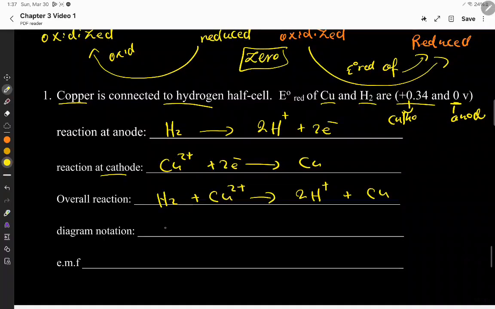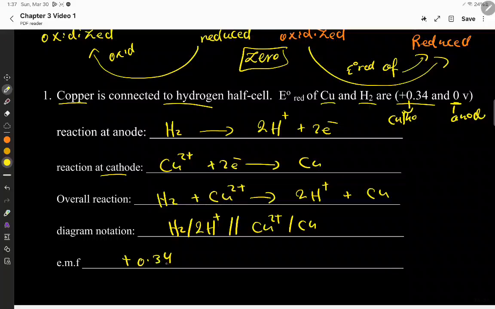Cell diagram notation. The diagram notation is going to be anode before, anode after, cathode before, cathode after. The electromotive force is going to be positive 0.34. Why?